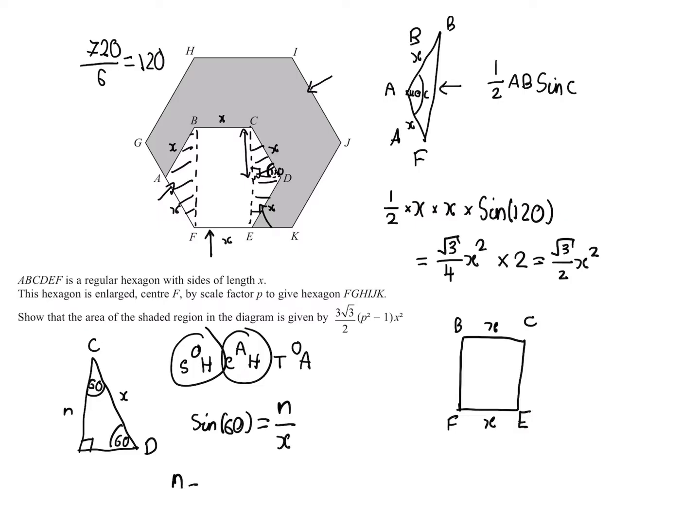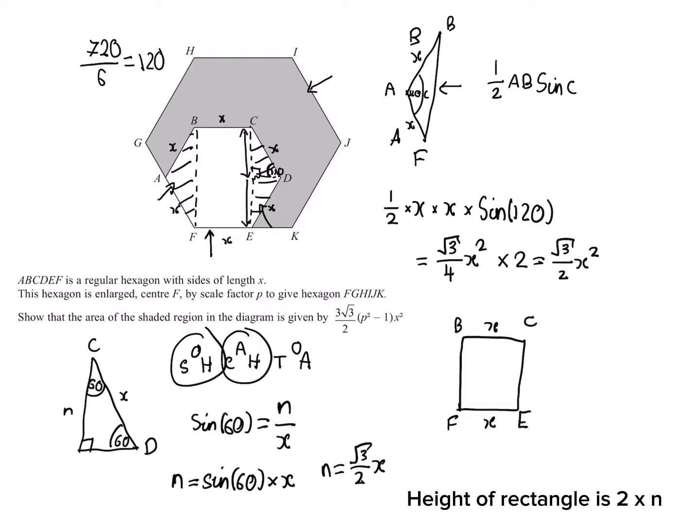So n is going to be sine 60 multiplied by x. As sine 60 is root 3 over 2, n will be root 3 over 2 x. But remember, we said that the length of this is going to be twice this. So we just multiply this by 2, and we get here as root 3 x, the length. So now we can find the area of this rectangle as well, which is going to be root 3 x multiplied by x. So the area is root 3 x squared.